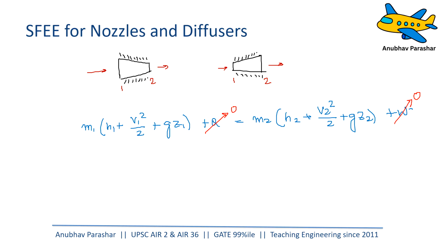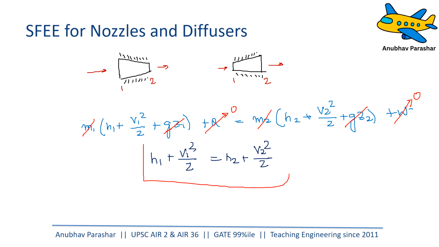Assuming the elevation to be the same, and assuming that the mass flow rates are the same, we can also cancel the mass flow rates. Assuming that there is no change in the height, because they are kept horizontal, these terms will also get cancelled out. So once you cancel out all these terms, what will be left is simply h1 plus v1 square divided by 2 is equal to h2 plus v2 square divided by 2. So the steady flow energy equation for a nozzle reduces to this.